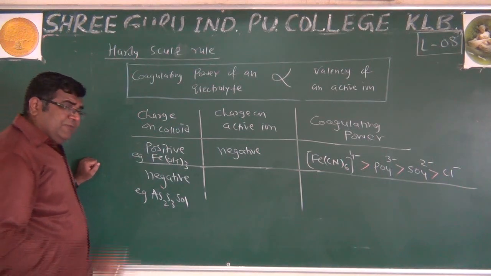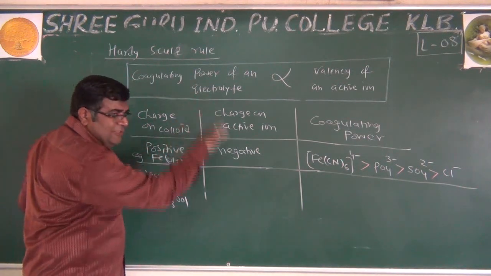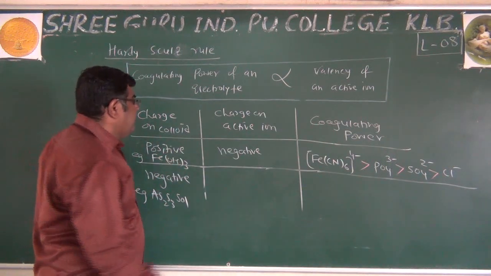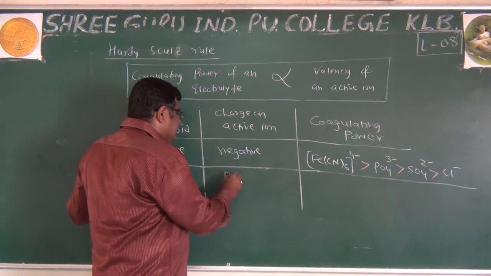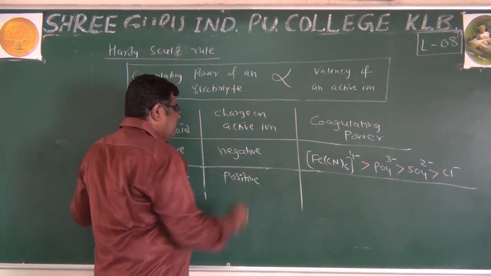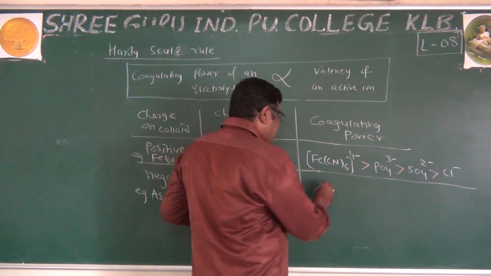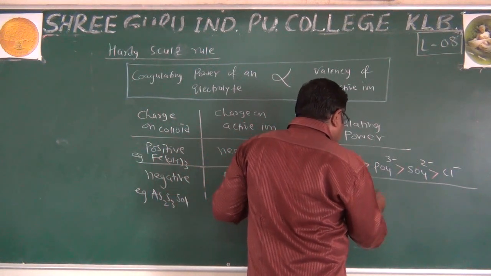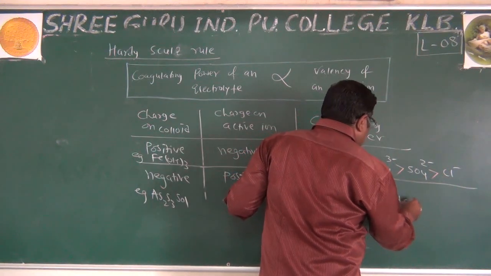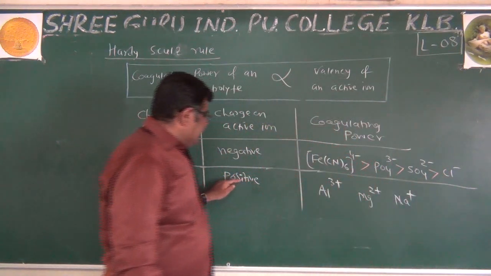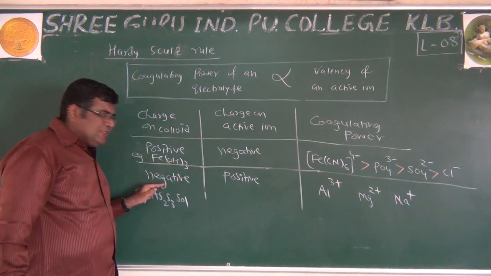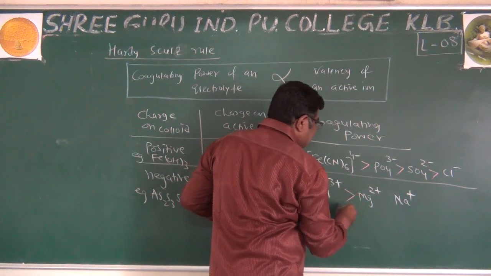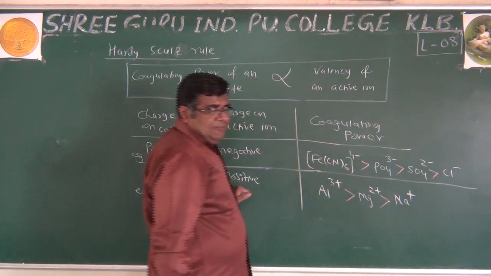So refer to that table of positively charged colloids and negatively charged colloids. Remember, if the colloid is negative, the charge on the active ion is positive. If we have Al plus 3, Mg plus 2, and Na plus, the active ion is positive because the colloidal solution is negative. Coagulating power is directly proportional to the valency of the active ion: 3 is greater than 2, 2 is greater than 1.